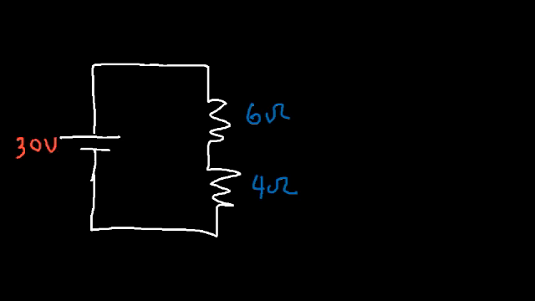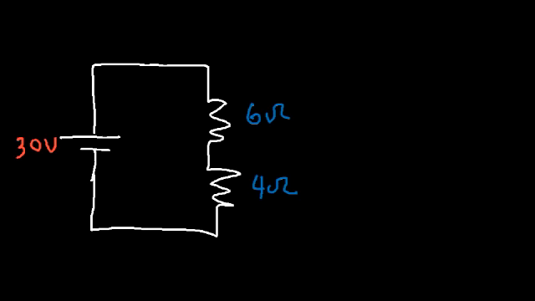How can we calculate the current that flows in the circuit? By the way, in a series circuit, the current that flows through the resistors that are connected in series is the same current. In a parallel circuit, the voltage across resistors that are connected in parallel is the same.